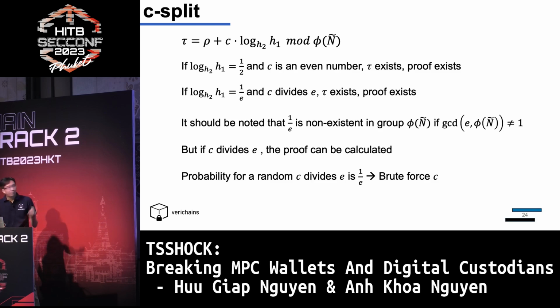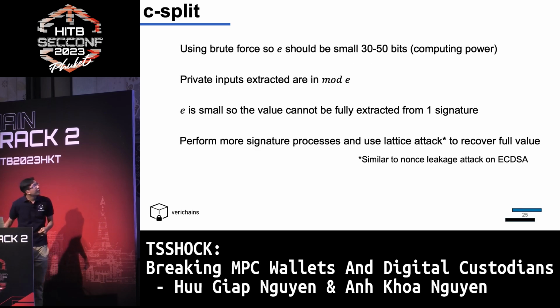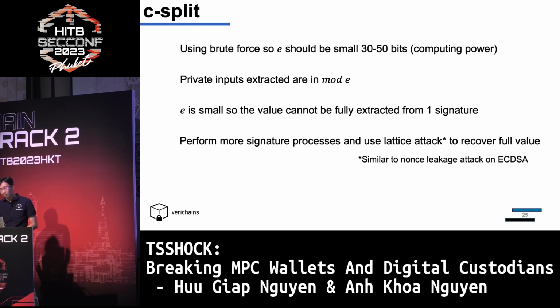So take this and we say, okay, let E be a very small number, 30 to 50 bits based on your computing power. And you can brute force that. And when you brute force that, you can extract the private values.